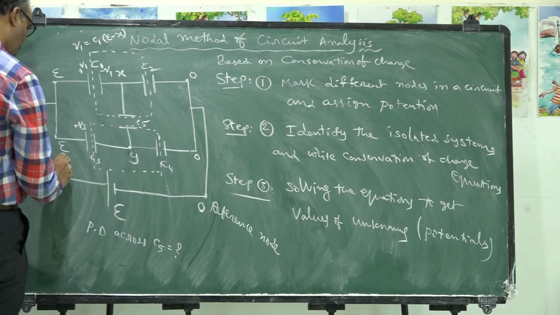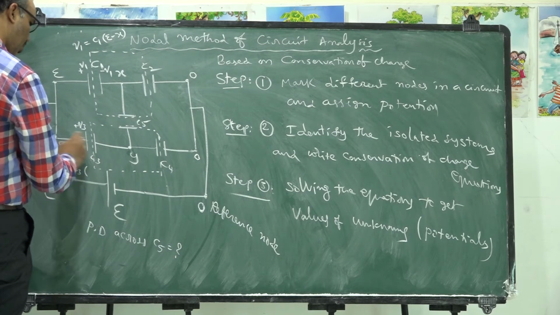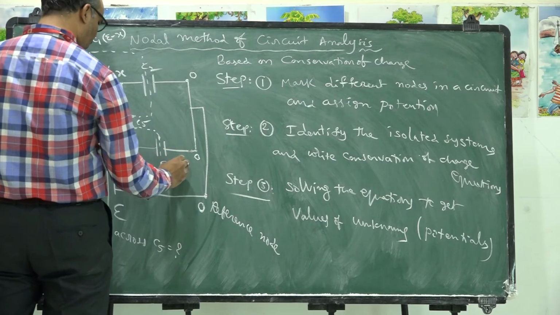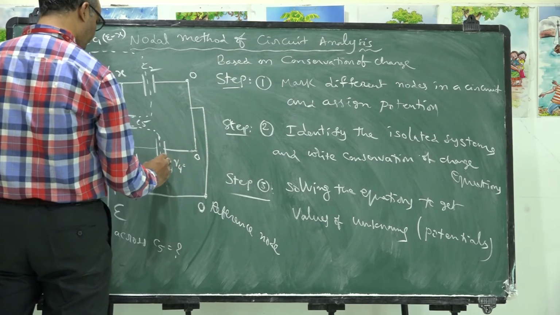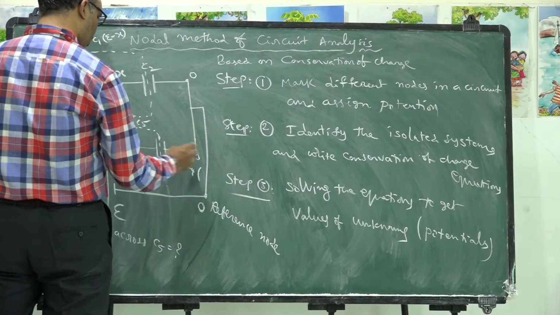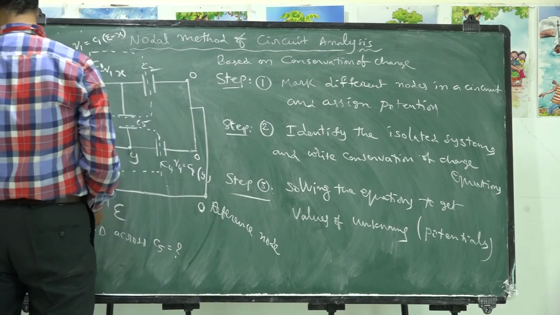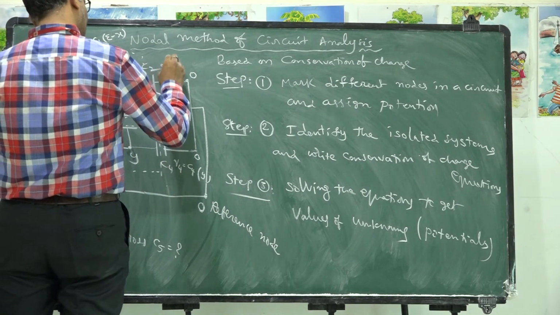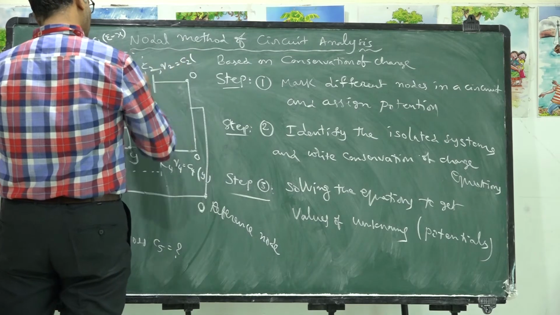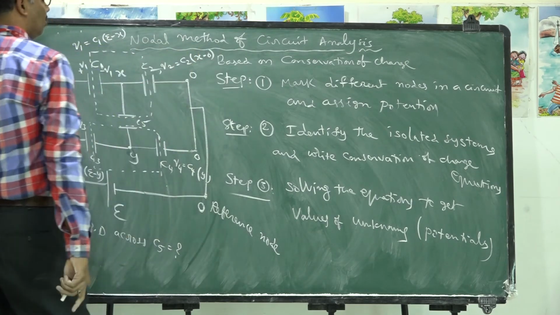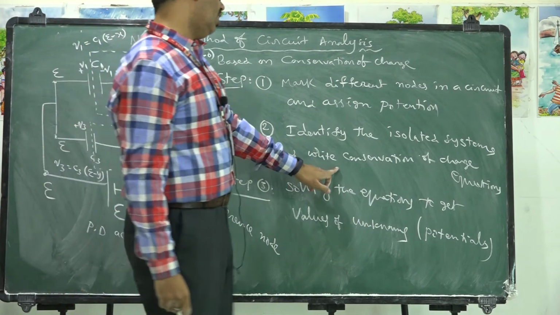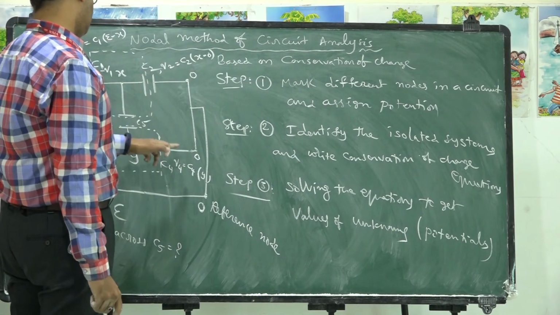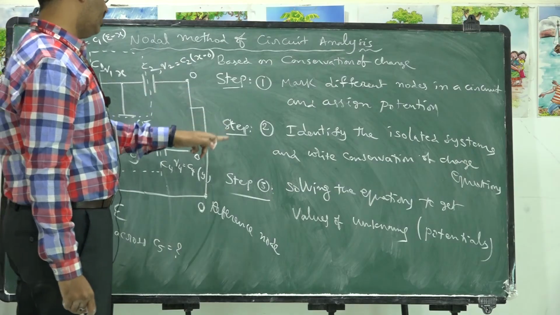Q3 is capacitance C3 into potential difference E minus Y. Similarly, charge available on the fourth capacitor Q4 is C4 into the potential difference Y minus 0, that is Y. Similarly, the charge available on second capacitor Q2 is C2 into the potential difference X minus 0, that is X. So identify the isolated system, write the conservation of charge equations. I used conservation of charge and calculated the different charges available.